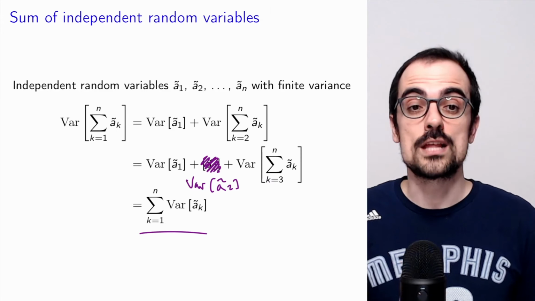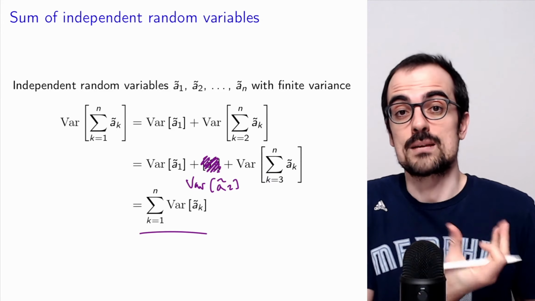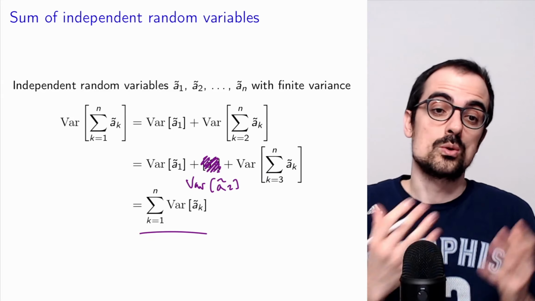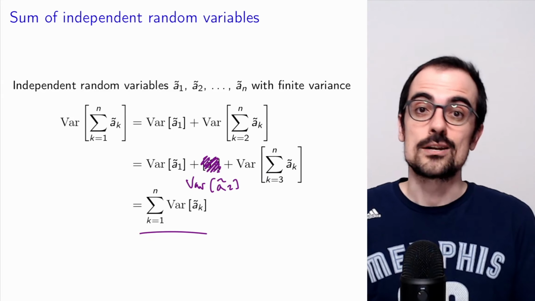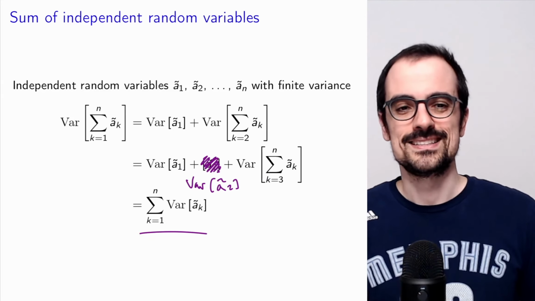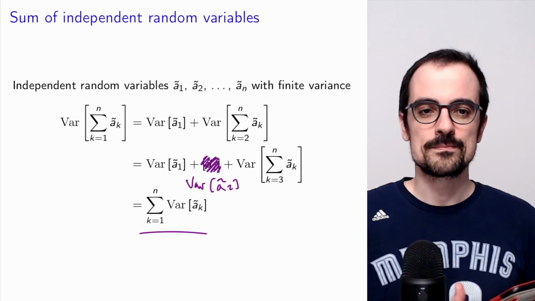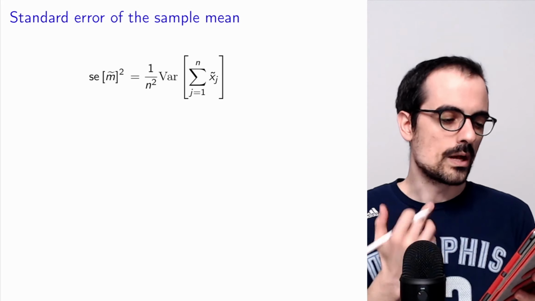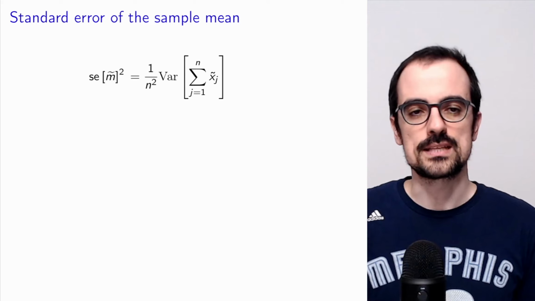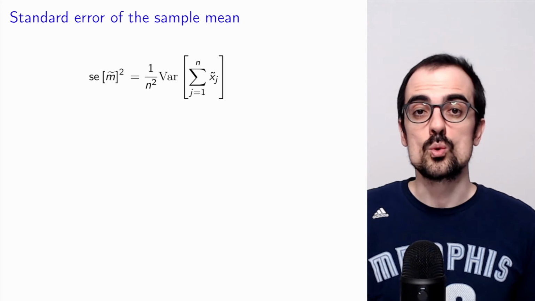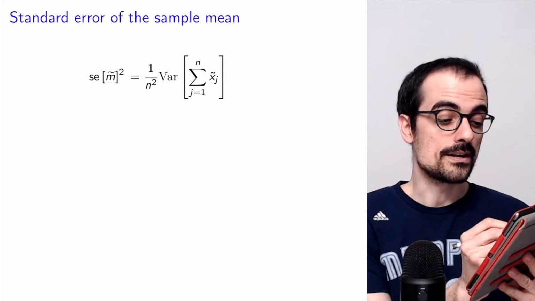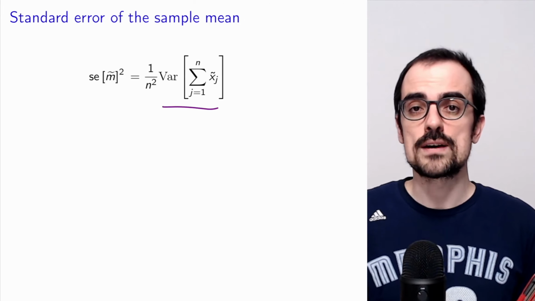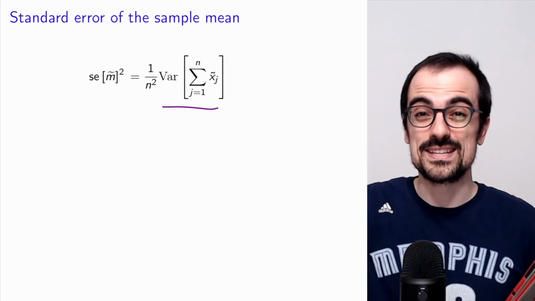In any case, hopefully the logic is clear. The variance of a sum of independent random variables is equal to a sum of their variances because they're all uncorrelated, so we can apply this result that we had derived earlier. Why am I telling you this? Well, we had seen that the standard error squared is equal to 1 over n squared times the variance of the sum of our random samples, but our random samples are independent by assumption.